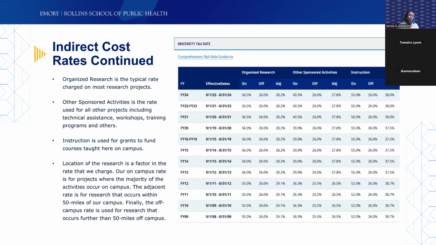But organized research is the typical rate that's charged on most research projects. And the only times that we pivot from that, so one good example is we have a center that's, are they still on this floor?